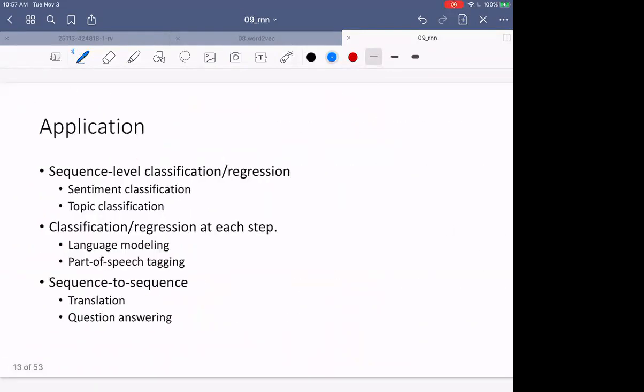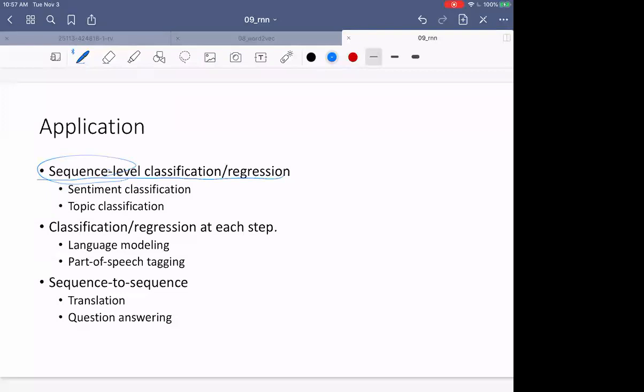So RNN could be used in a lot of applications. Firstly, the most explicit, straightforward application is sequence level classification or regression. Which means that you take a single sequence, a sentence or whatever, and you want to classify or regress on that single sentence.